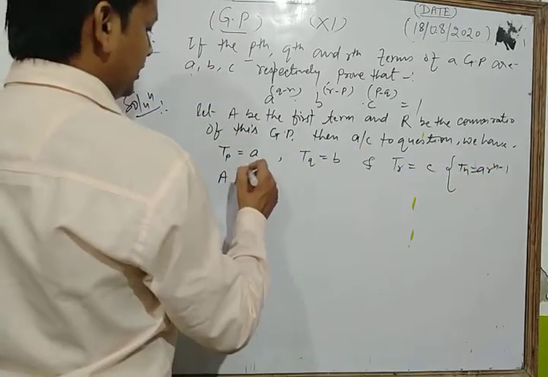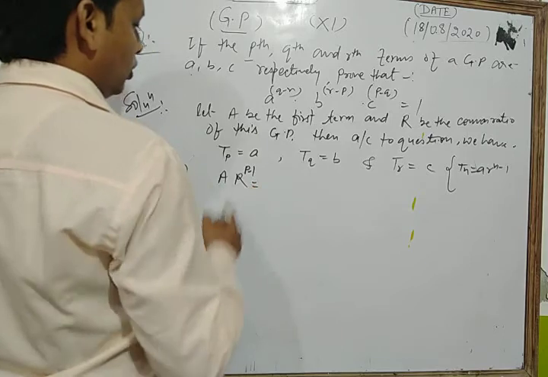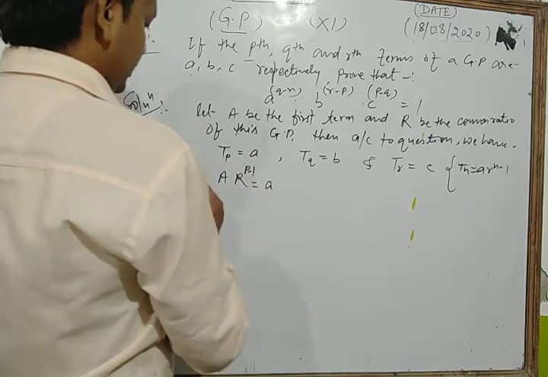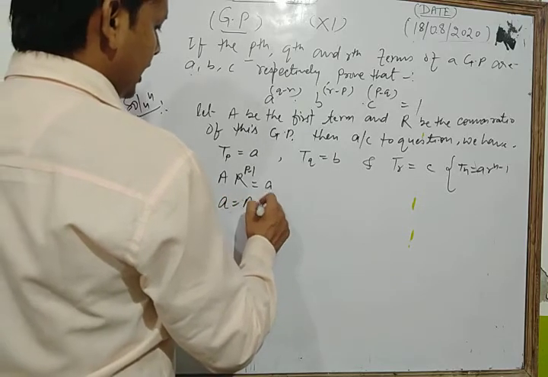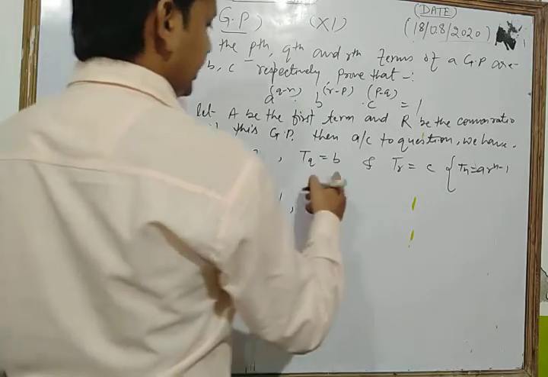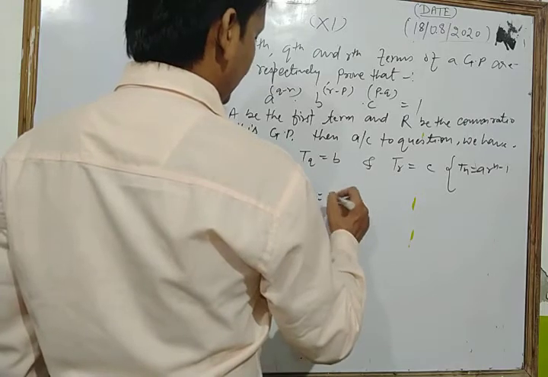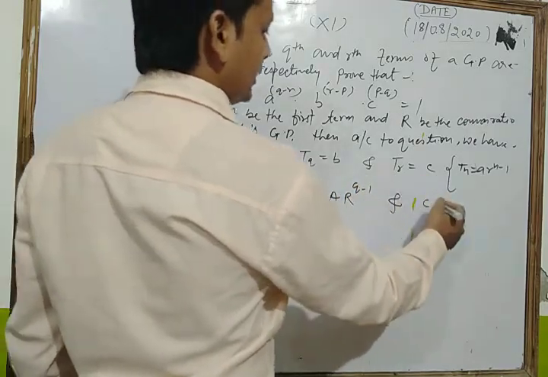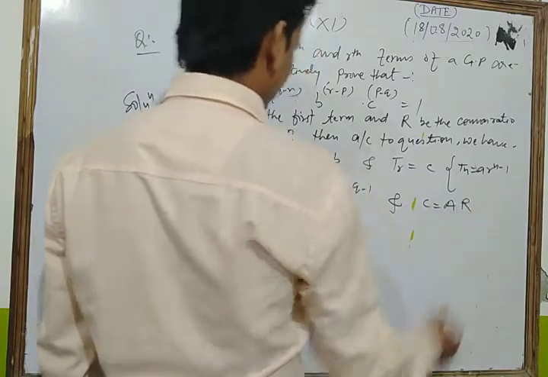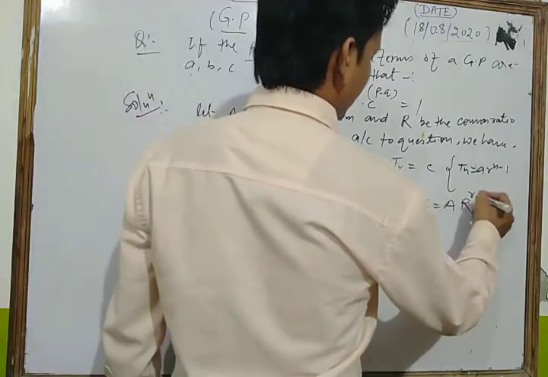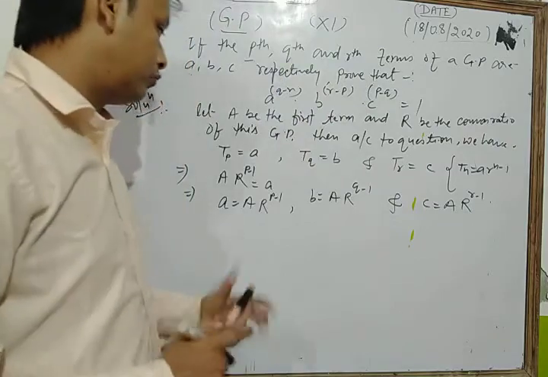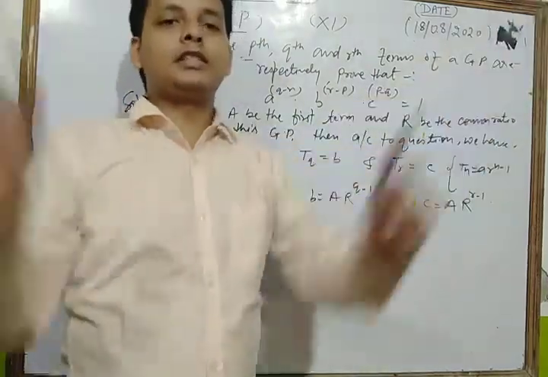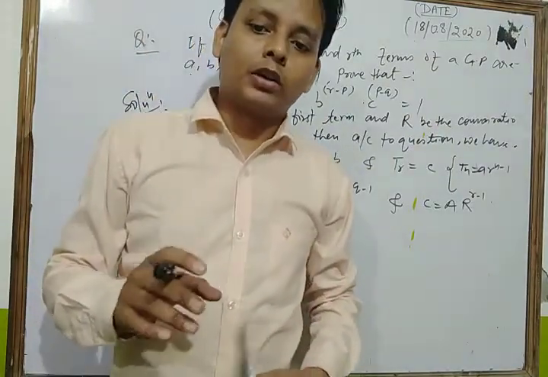Here n is p, so a is equal to A r to the power p minus 1. Similarly, b is equal to A r to the power q minus 1, and finally c is equal to A r to the power r minus 1. So this is the value of small a, small b and small c by the formula.